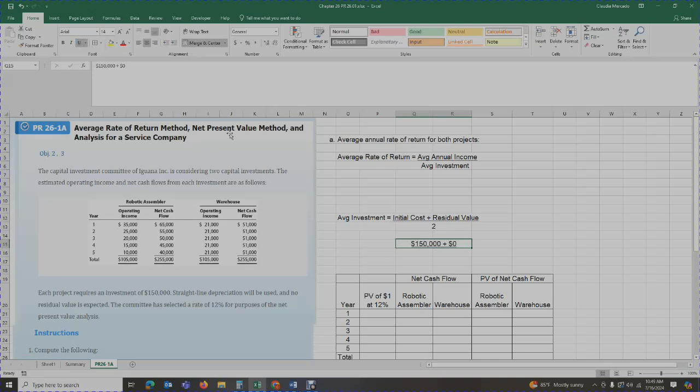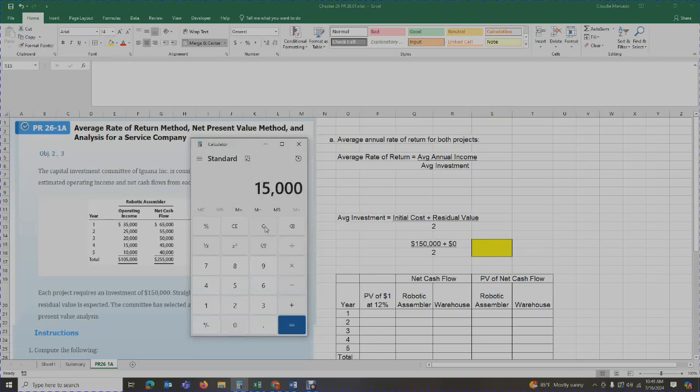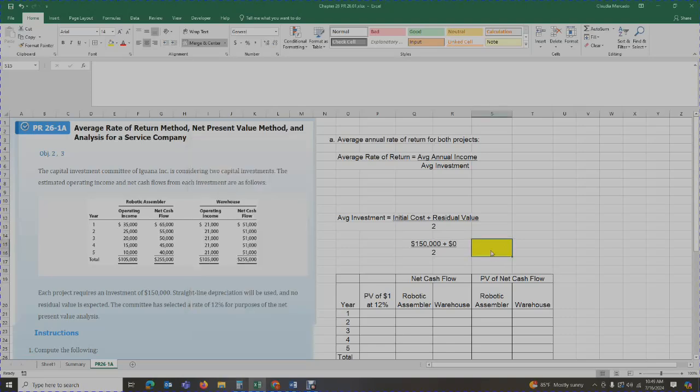And then I am going to divide by 2. So 150,000 plus 0 equals 150,000 divided by 2. My average investment is $75,000.